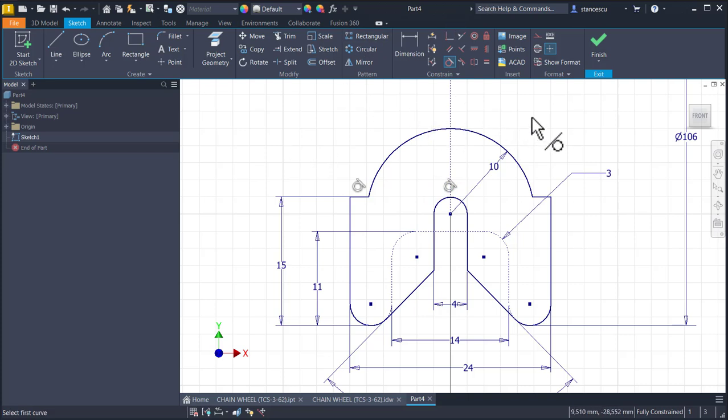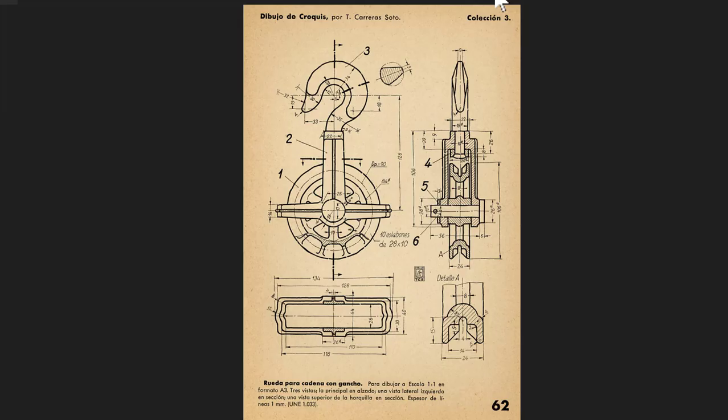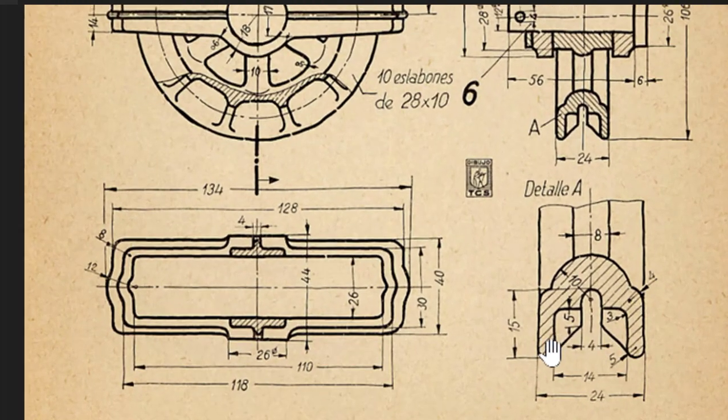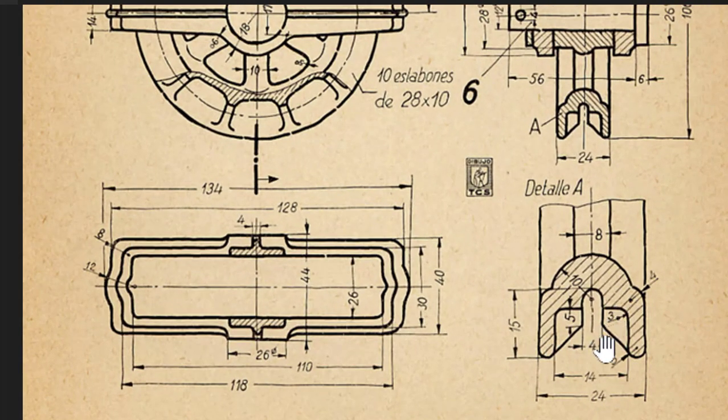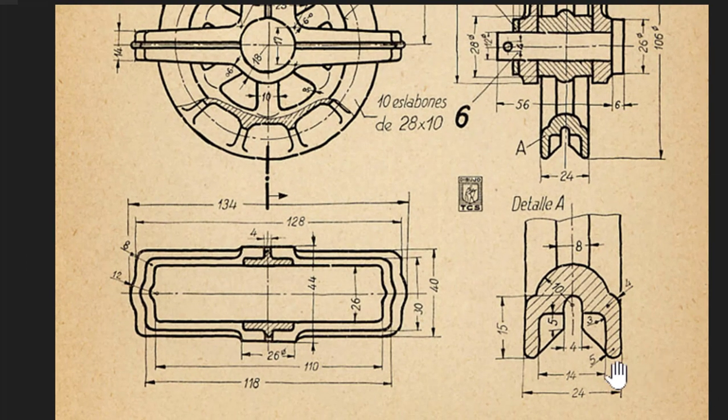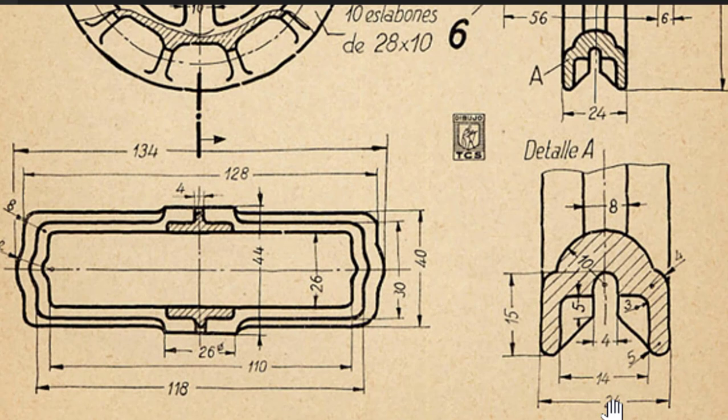There are some mistakes in the drawing of Timoteo. For instance, this 5 is okay. No, it isn't. Why? Because 24 minus 14 is 10. And this is half of 10.